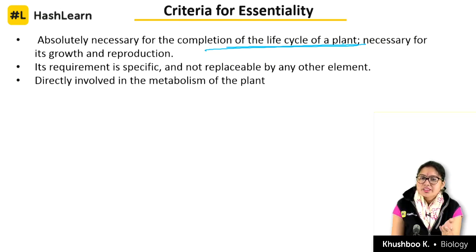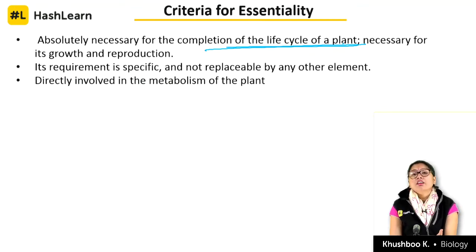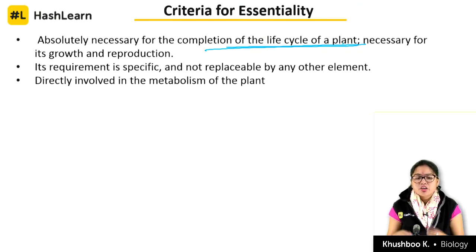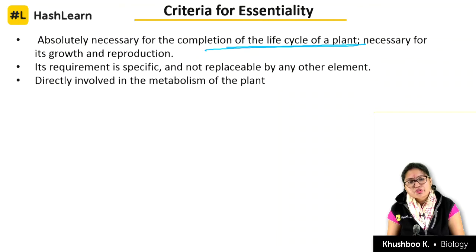In that form it is required; you cannot replace it with any other nutrient. Sometimes it happens in school, when the teacher is not there in the class, you get substitution classes. But in case of criteria for essentiality, mineral nutrients are irreplaceable. Their job cannot be done by any other nutrient.